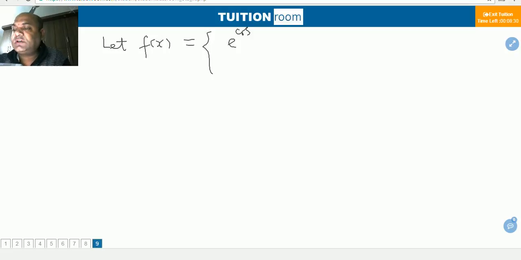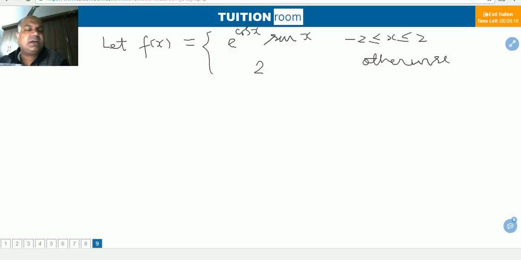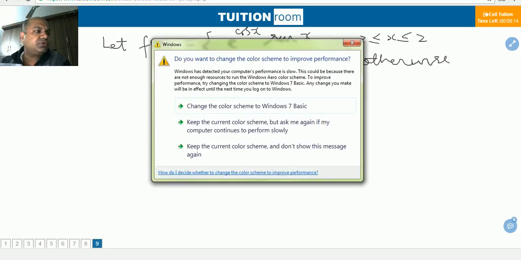Now, for calculating this, we can write -2 to 0 and 0 to 2. This is our f(x), e raised to power cos x into sin x. Now replace x by -x, dx, and plus the integral from 2 to 3 of dx.